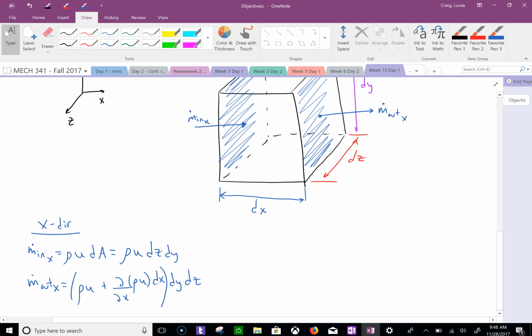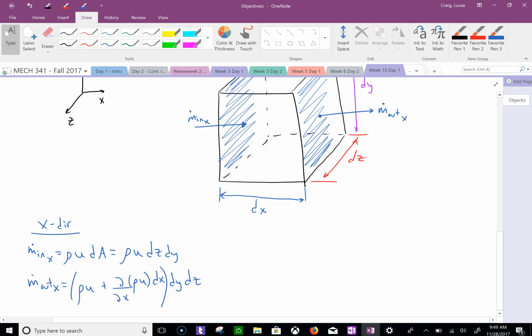So to find x2 would be x1 plus dx. Okay? So here, we know what the mass flow rate in is, and if we cancel these dx's, what do we get? Delta rho u, right? So a change in some sort of mass flow. You see that? Does that make sense?